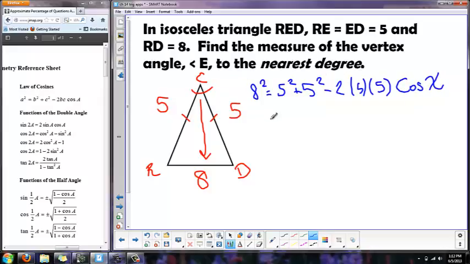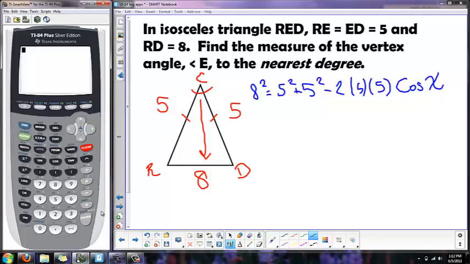Okay? So here's where I want you to be careful. These numbers are squared, squared, squared, multiply, multiply, multiply. Ms. Tompkins just wanted to make sure that everybody was careful with the way that they type these in. These numbers are being added. These numbers are being multiplied. They're all being multiplied by the cosine.